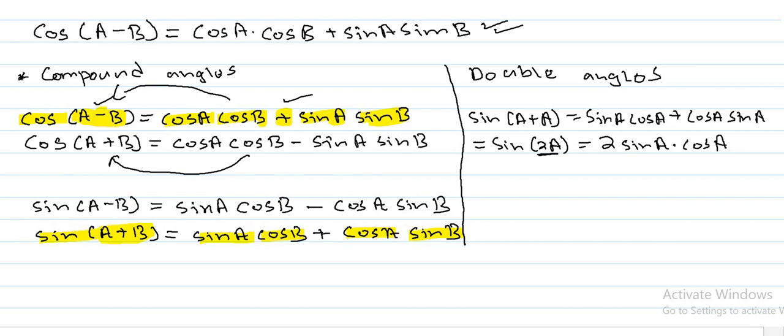Then we added the like terms and got 2 sine A cos A.